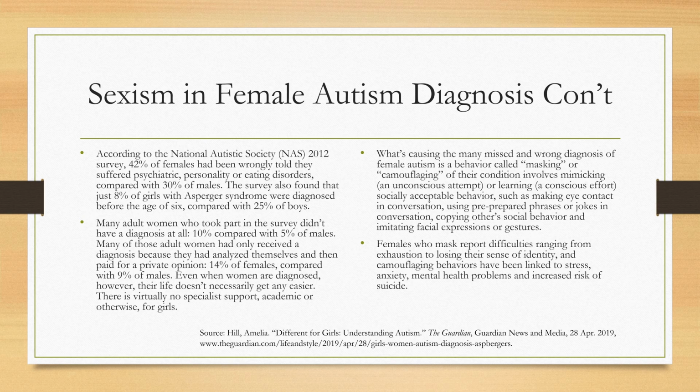So continuing with the sexism and female autism diagnosis, according to the National Autistic Society's 2012 survey, 42% of females had been wrongly told they suffered psychiatric, personality, or eating disorders, compared with 30% of males. The survey also found that just 8% of girls with Asperger's syndrome were diagnosed before the age of 6, compared with 25% of boys.